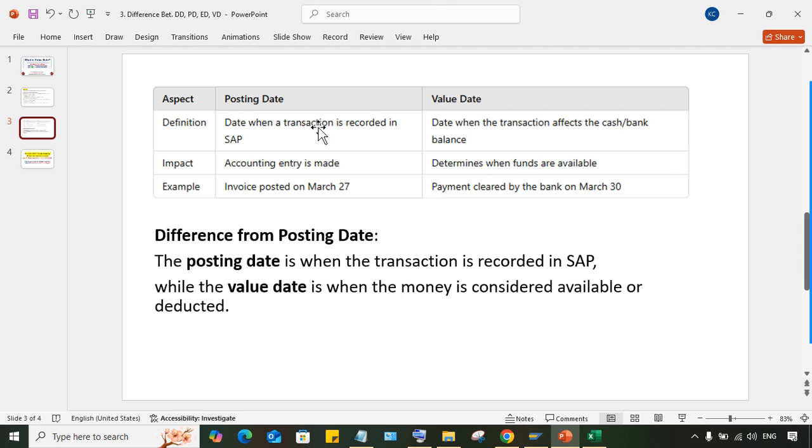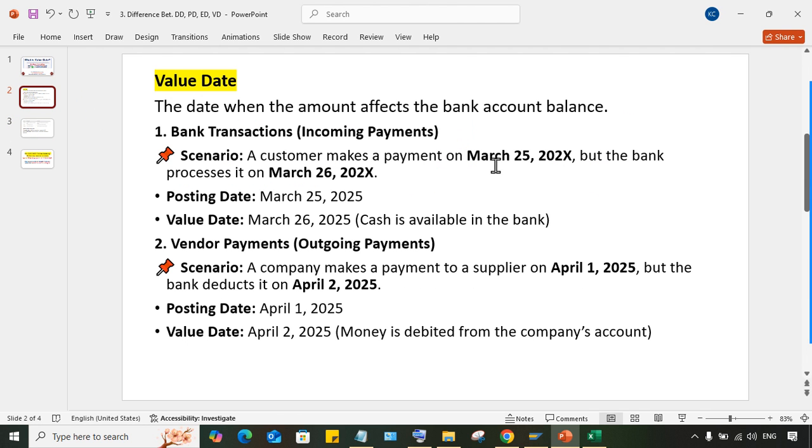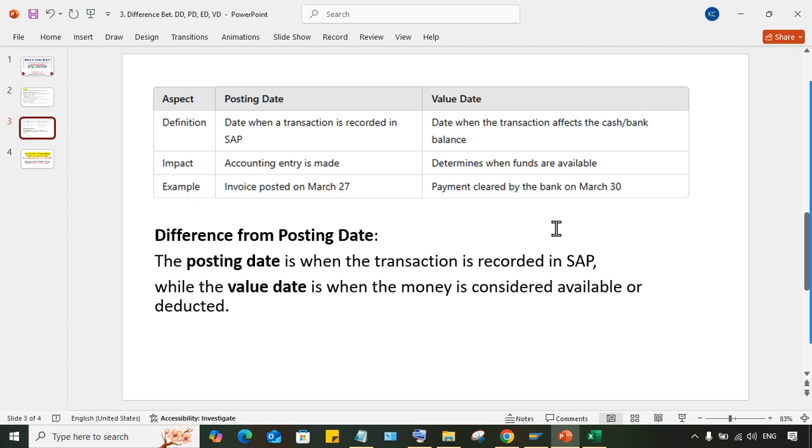If it is the posting date, we have posted the transaction, so the accounting entry is made on that date, and the value date determines when the funds are available. In the case of a customer, the transaction is posted on March 25th, whereas the actual cash is available in the bank account on March 26th, right? So the value date determines when the funds are available.